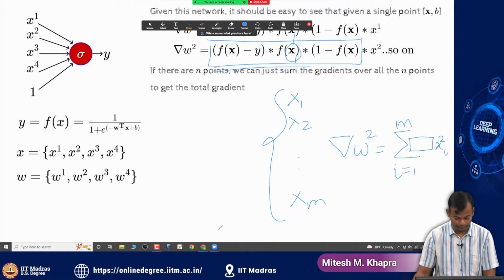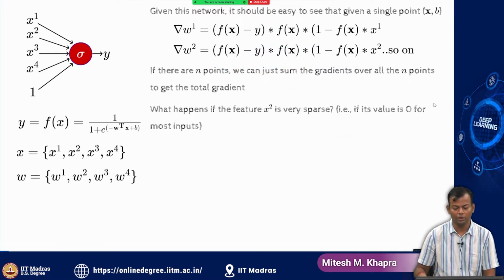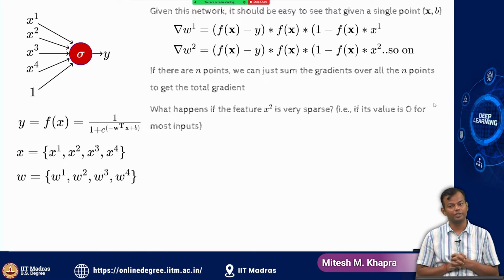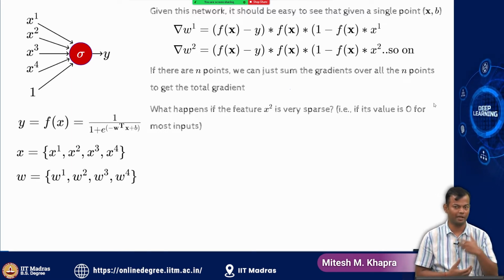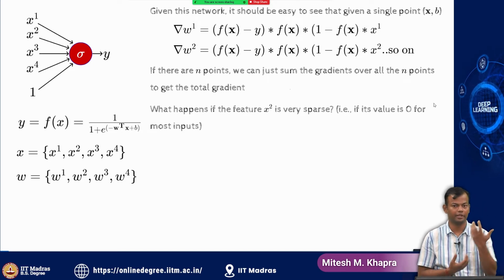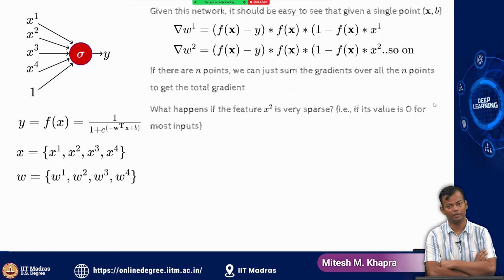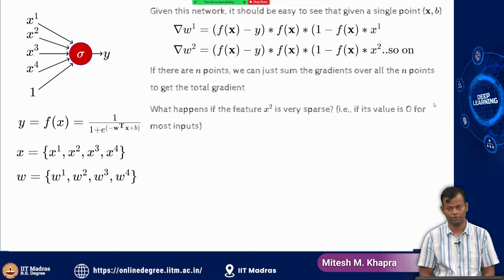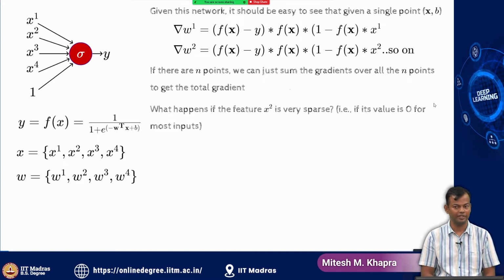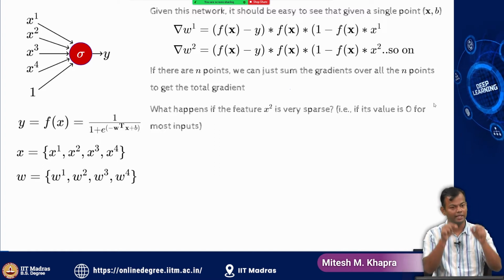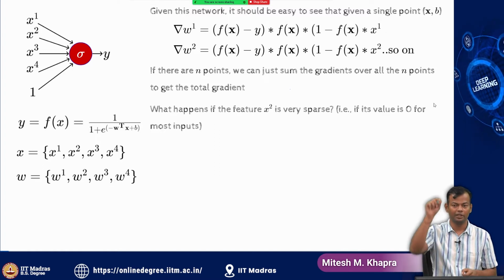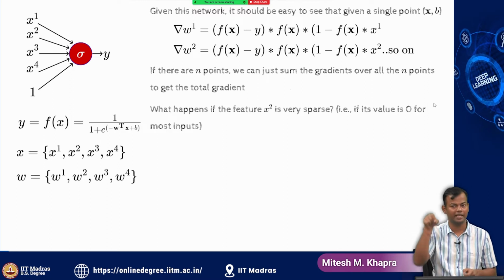Now what happens if a feature x2 is sparse? So x2 is one of the features. In our oil drilling example, it could be salinity, pressure, temperature, etc. In our movie example, it could be the director, actor, and so on. Now if one of these features is sparse, what does that mean? That across all the m training points, this feature in many cases is going to be 0.